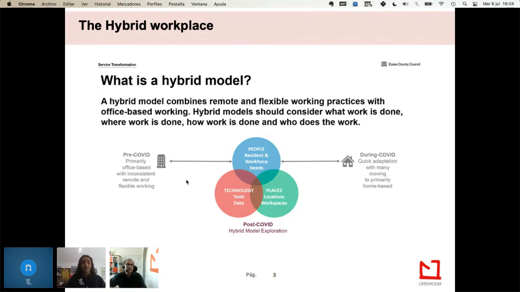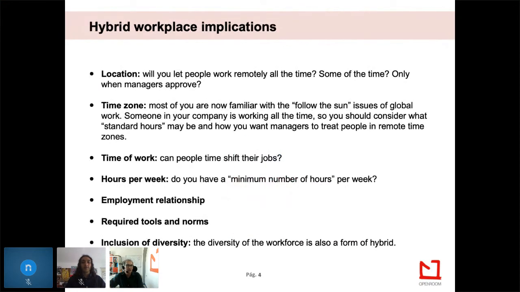Right now, a lot of companies are looking to get data from this new model of interaction, and this hybrid model will have a lot of implications: location, whether you let people work remotely all the time or only when managers approve; time zones, where someone in the company has to decide whether to consider some standard hours to work; and time of work, whether people can shift their hours per week or their employment relationship; the tools and norms needed to really get on with this new hybrid model that we are living right now.